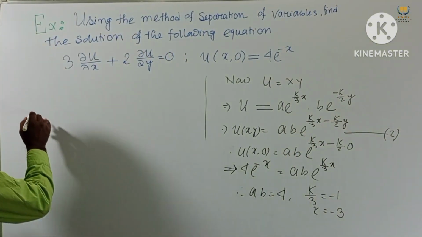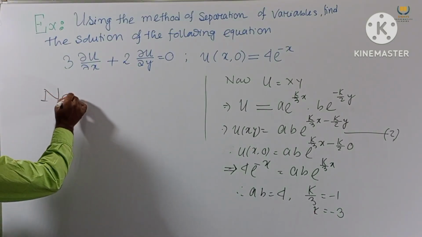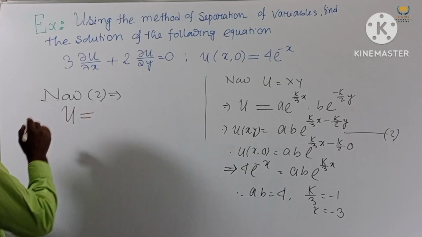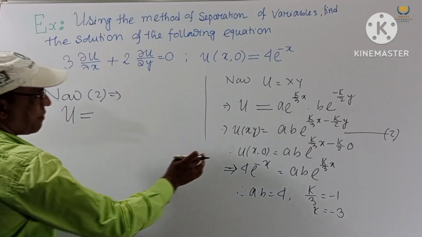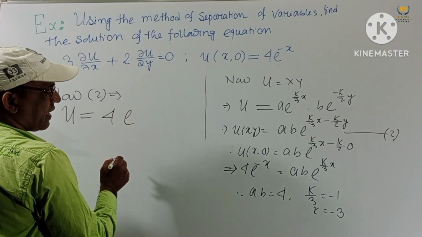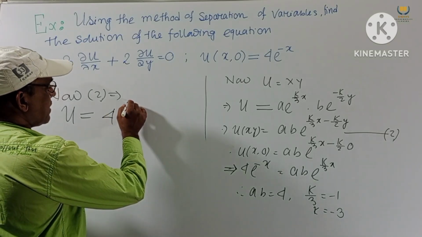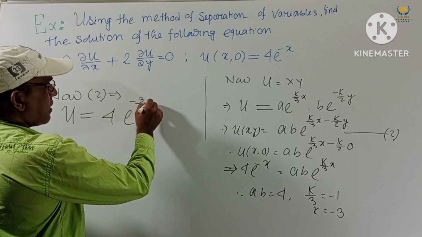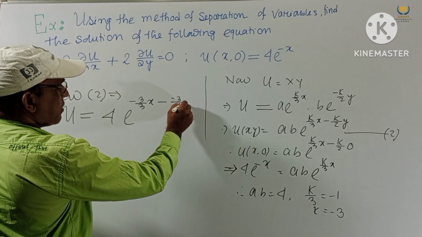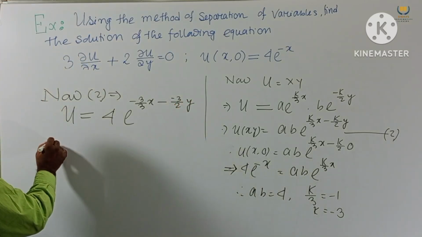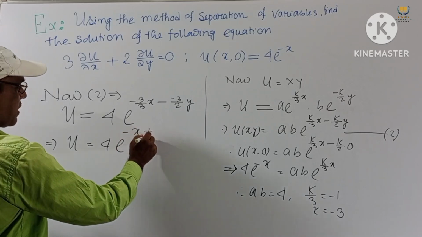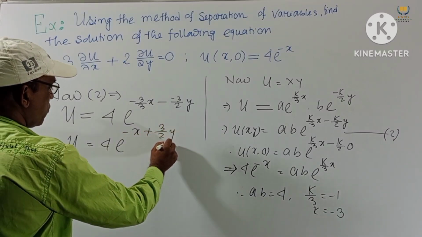Now 2 implies u of x y equal to ab, ab means 4, and e to the power k, k means minus 3, so minus 3 by 2 y, and this implies u equal to 4 e to the power minus x plus 3 by 2 y.